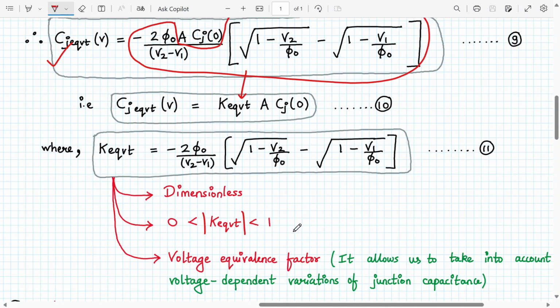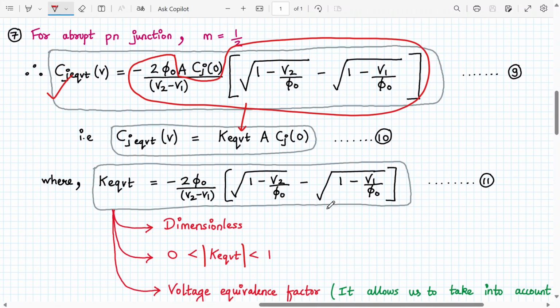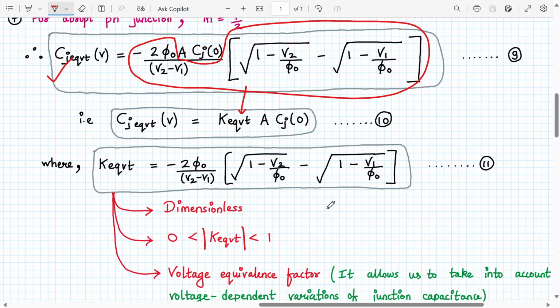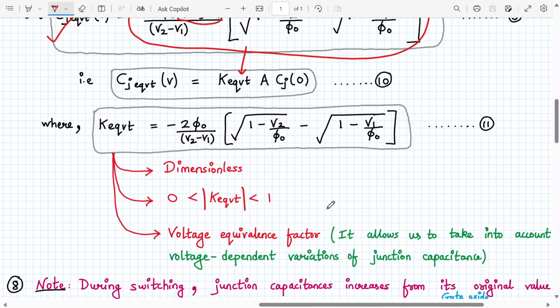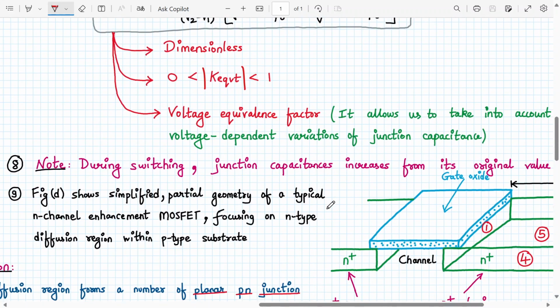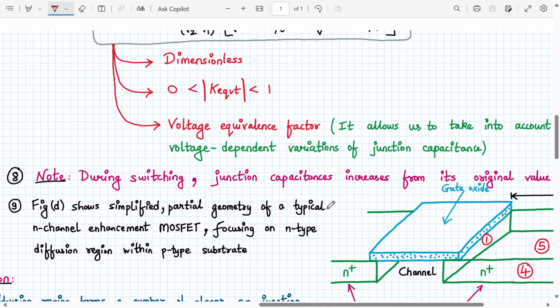Okay, voltage equivalent factor. Let me know if you have completed this. Write down expression number 9, 10 and 11. Yes sir, complete.